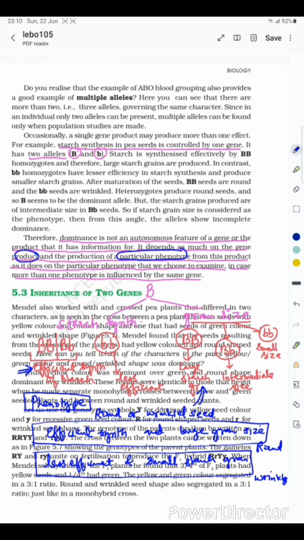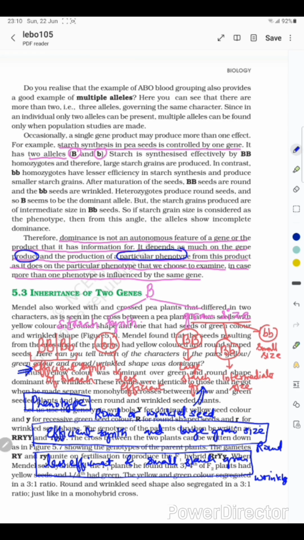So when the product is efficient synthesis of starch and large starch grain size, the phenotype is the round seed.